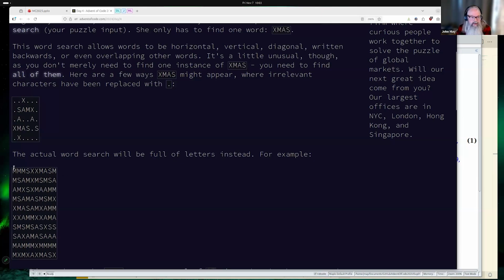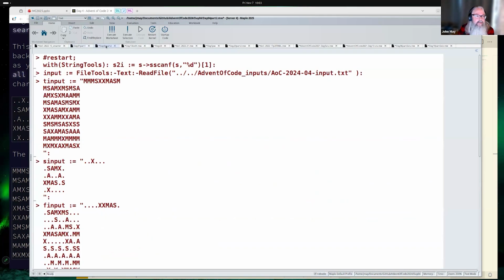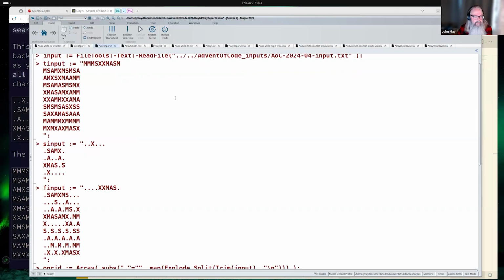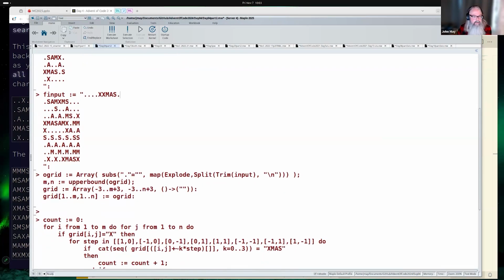So the easiest way to do this is put all these letters into a grid, and then search in every direction until you can find the XMAS's. This is day 4. Here's the sample input, and you can see that I parse it into a grid.